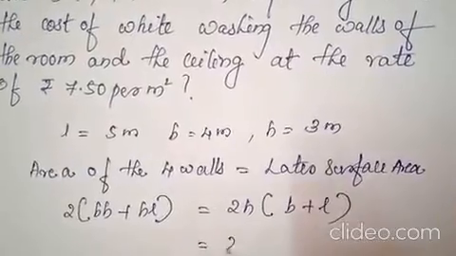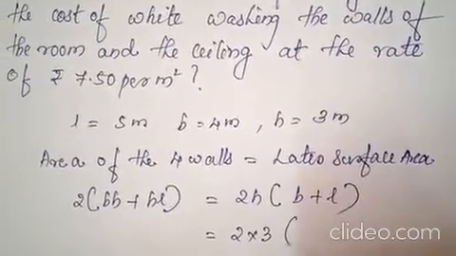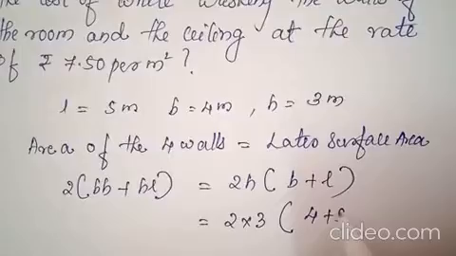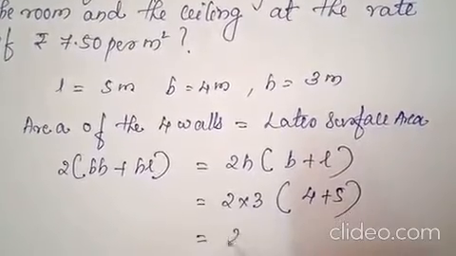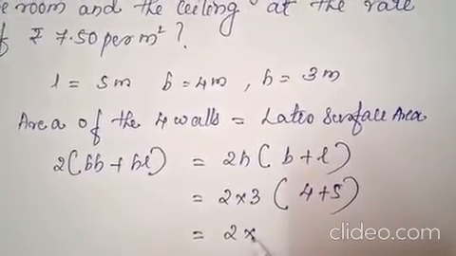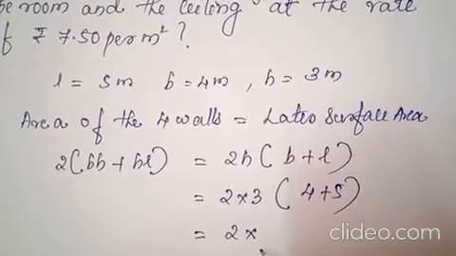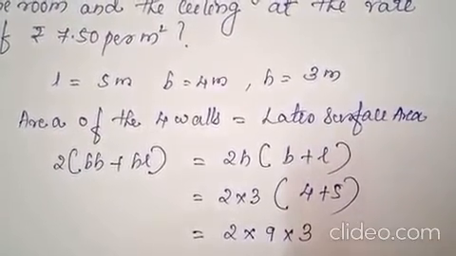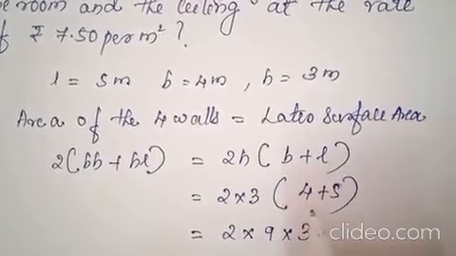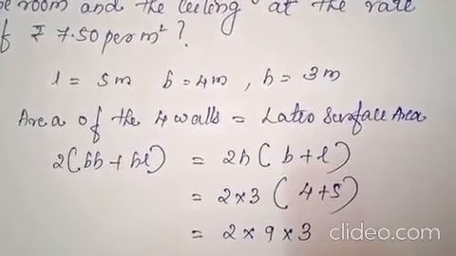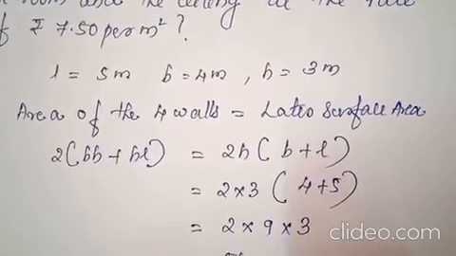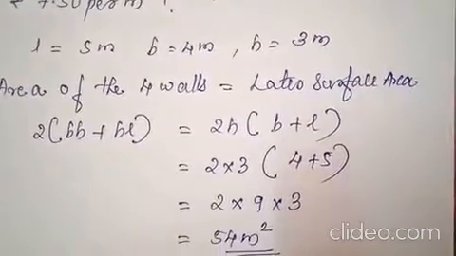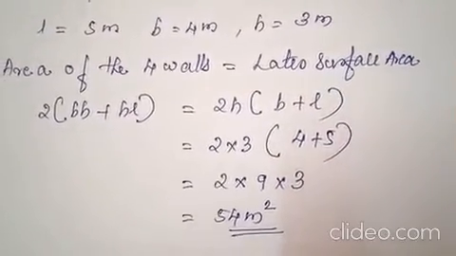Then 2 into H is 3, B plus L is 4 plus 5. So 2 into 9 into 3. 4 plus 5 is 9. After multiplying we will get the answer 54 meter square. So we got the area of the 4 walls.